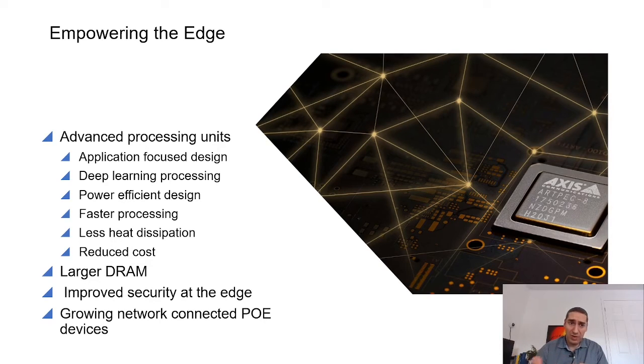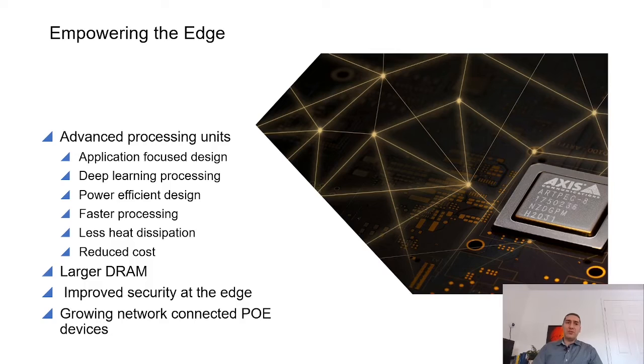We have more memory available on the edge now, and we have improved security at the edge devices, from a cyber side, and this is a concern for everyone. With the advanced processing power, we can have more coding, we have more vaults on the edge, hardware that can protect our equipment from being cyber attacked or make it more cyber secure.